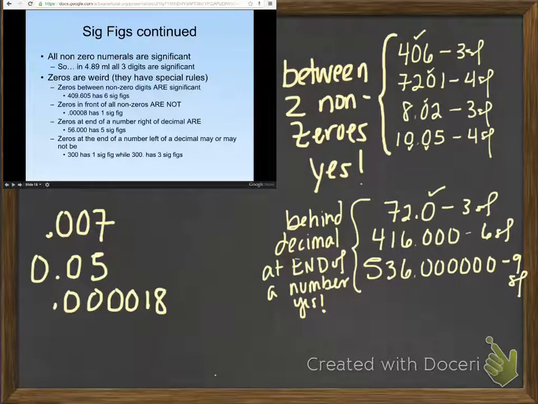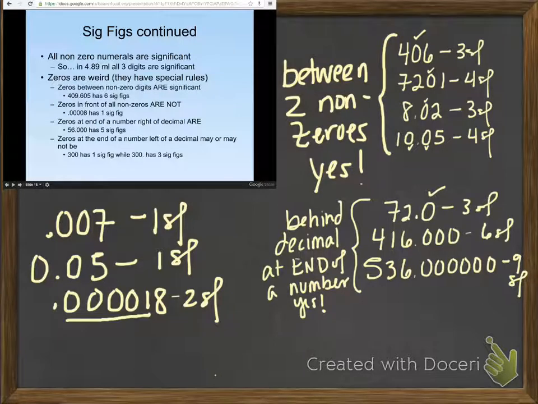It's considered a placeholder. So 0.007 has 1 sig fig. 0.05 has 1 sig fig. 0.000018 has 2 sig figs. These are all placeholder zeros. None of them are significant.